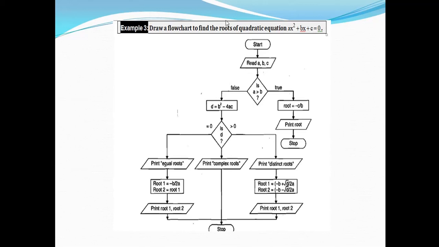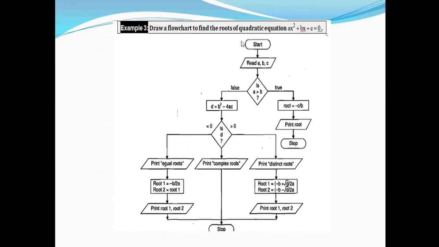If the d value is equal to 0, then the equation has equal roots. If d is greater than 0, then it has distinct roots. If the d value is negative, then it has complex roots. The type of roots depends on the d value.